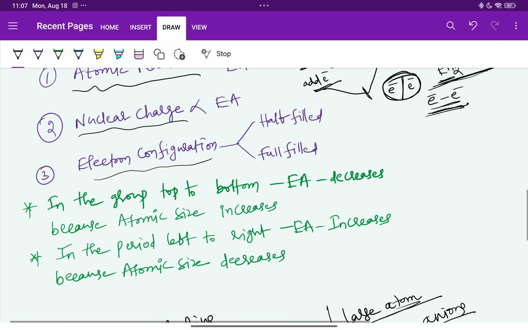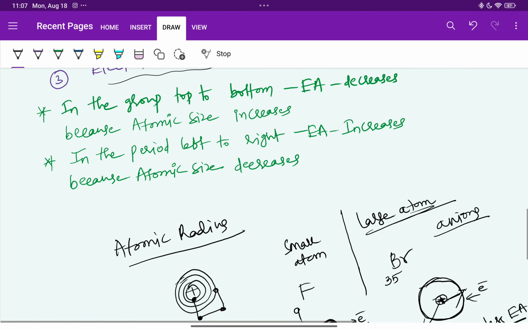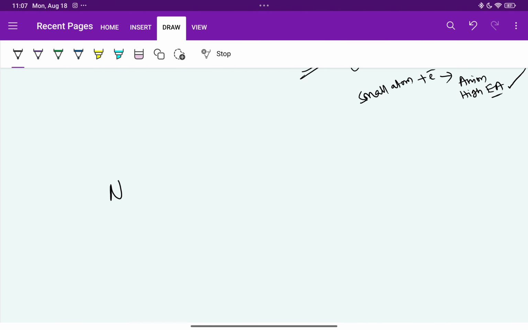When atomic radius decreases, electron affinity increases. So here I have given the relation as inversely proportional: atomic radius is inversely proportional to electron affinity. And next, nuclear charge. Yesterday we discussed nuclear charge already.